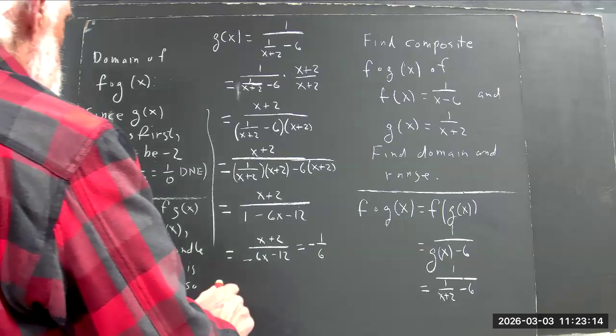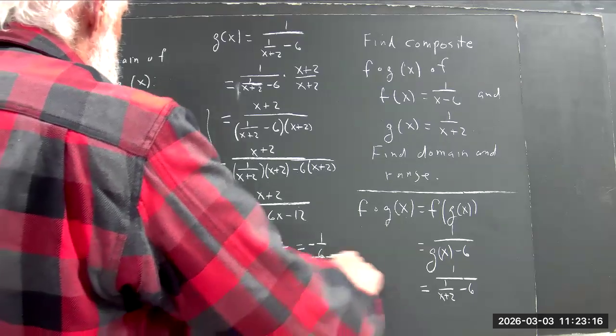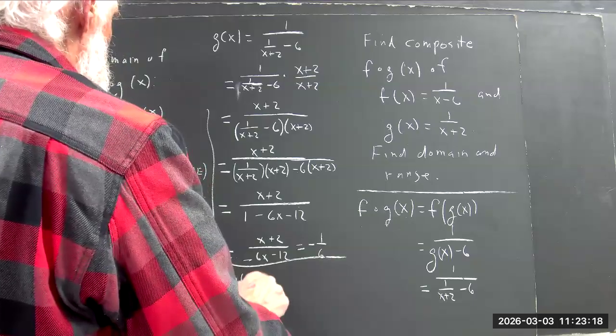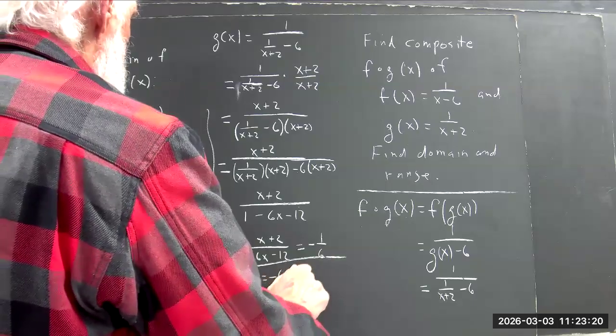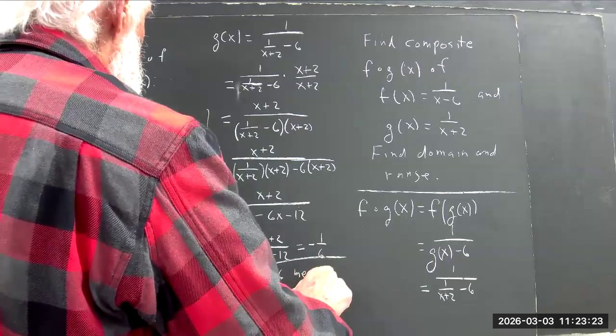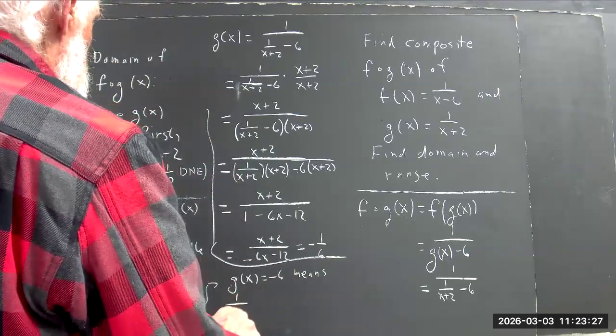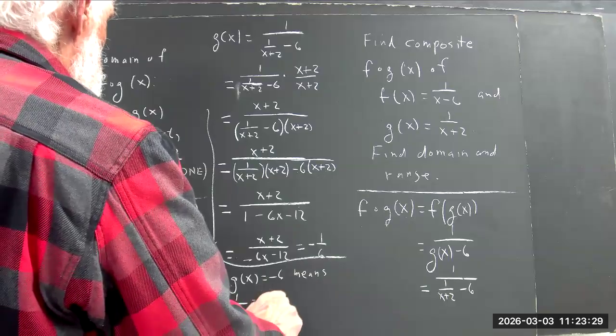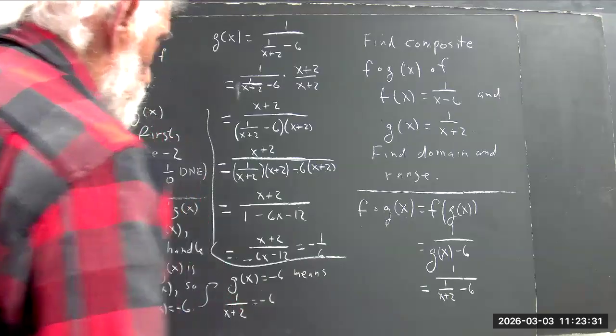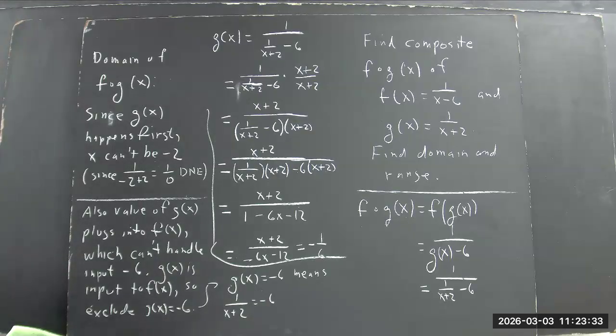Well, g of x equals 6 means 1 over x plus 2 equals 6.